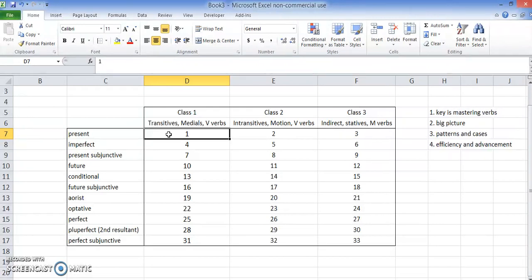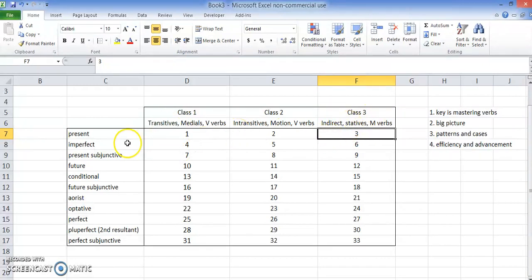Once you learn the template for this one, anytime you acquire a new verb, it's pretty easy to just use the template that you've learned. The same thing goes for class 2 verbs in the present. They all share similarities in their patterns. And so will M verbs, or class 3 verbs, in the present. They'll share a set of patterns.